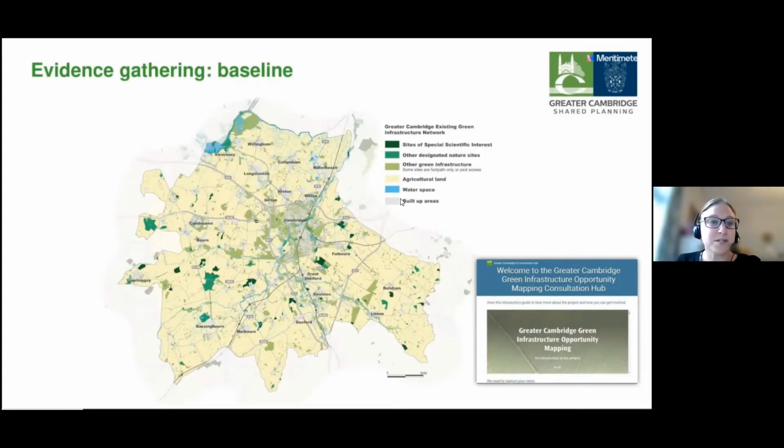The study was supported by a comprehensive stakeholder engagement program, which began right at the start of lockdown. We asked a wide range of stakeholders in the first instance to help us look at maps like the one you're looking at now, and let us know where the baseline of existing assets wasn't quite right and where we needed to make changes from a data perspective, just to make sure that we had the right baseline map to start with.